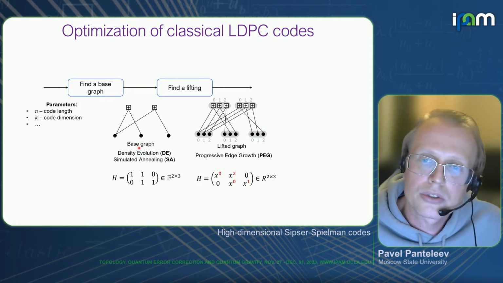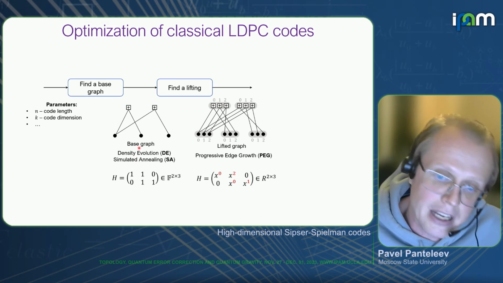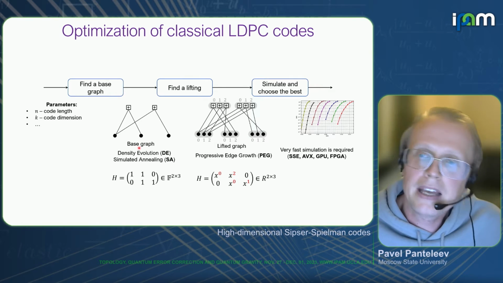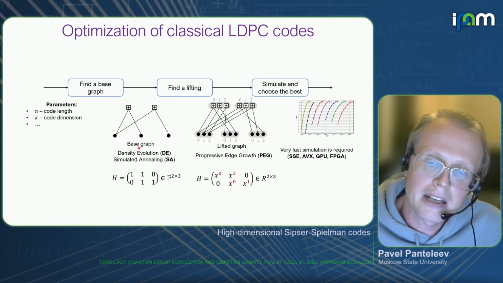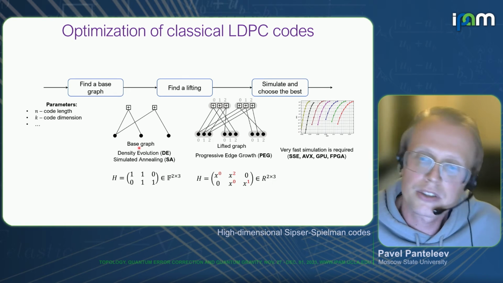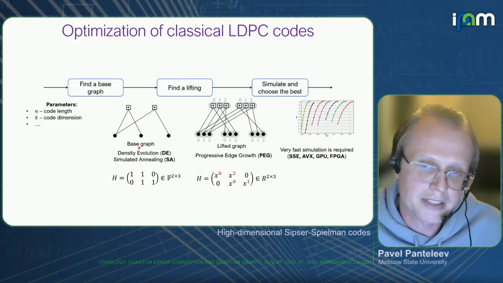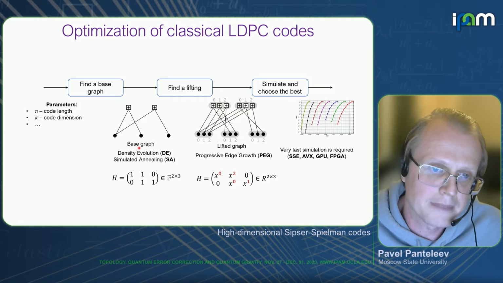This large code is also designed by some very interesting algorithms, and I don't have time to describe them. Then in practice, people produce a lot of these codes, simulate them, compare and choose the best. This is a typical scenario of how classical LDPC codes are designed.